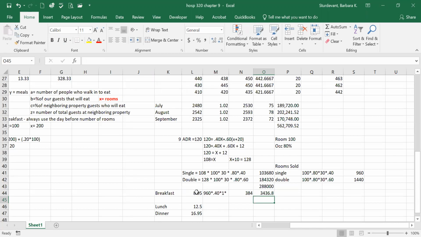So we're going to use this again. But now we have the double rooms. And 80% of them are going to eat. And there's 2.2 people. Okay, we'll use that to find the number of people.